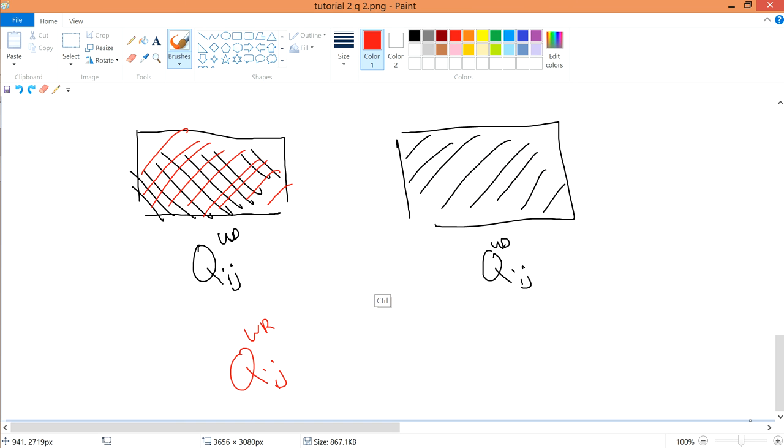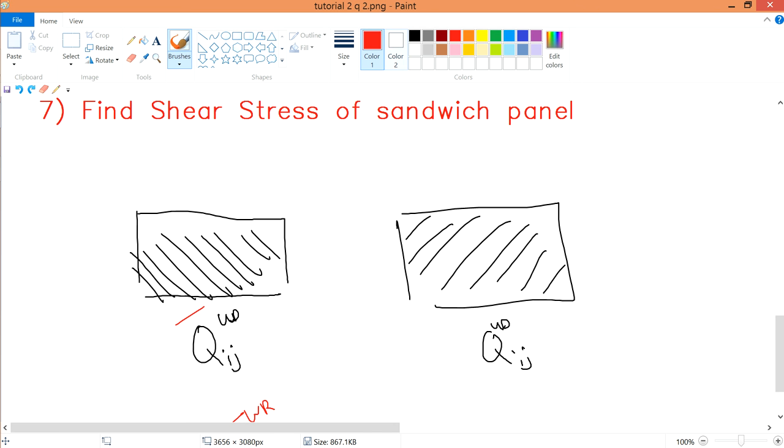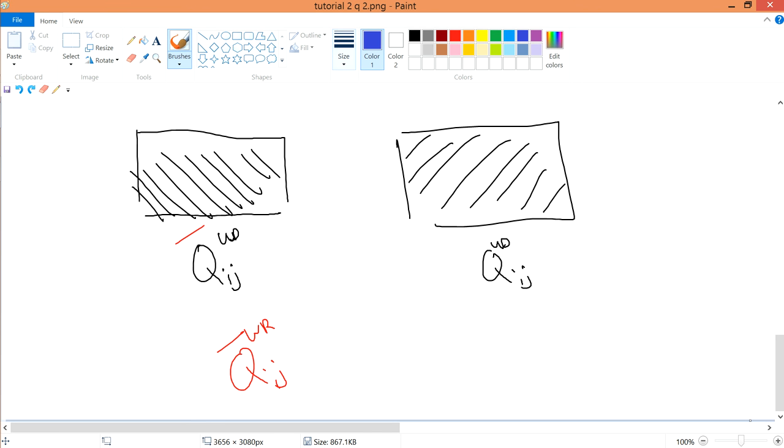What about the Q bar then? Q bar ij, for Qij ud or woven, the bar thing takes into account certain issues. For example, if I were to draw this, this is the one direction, this is the two direction. Over here, this is the one direction, this is the two direction.